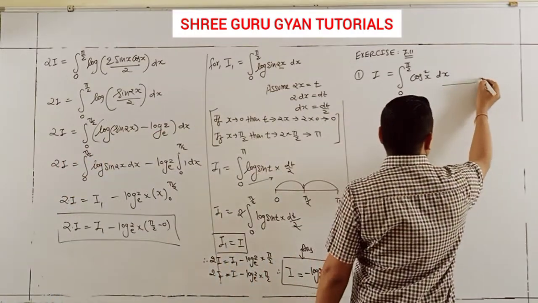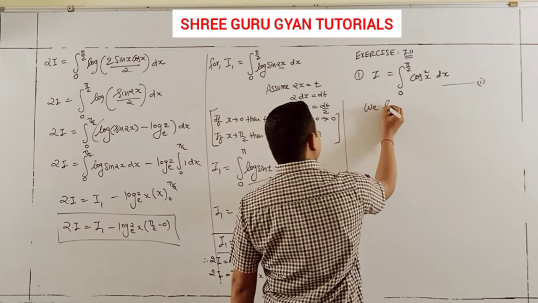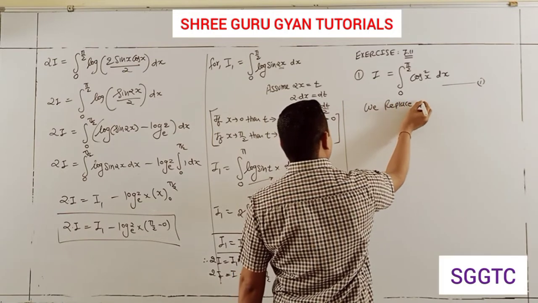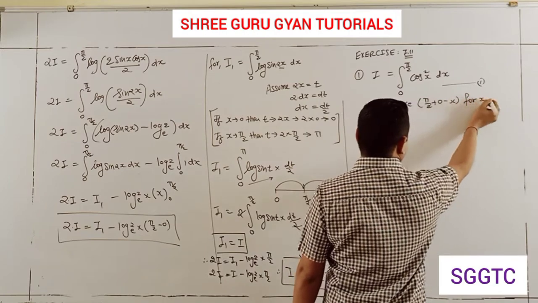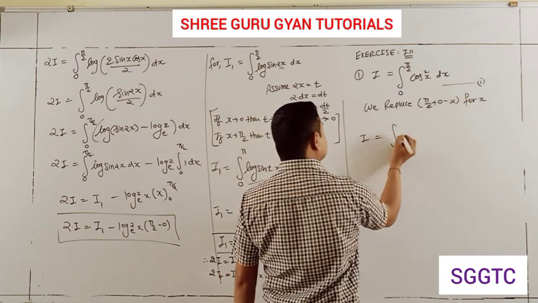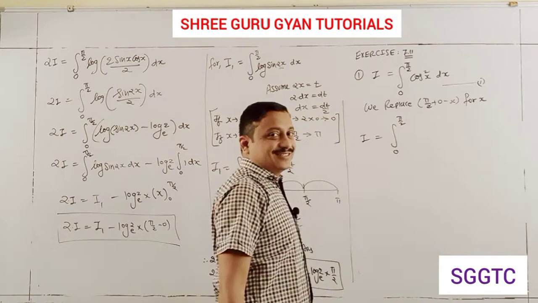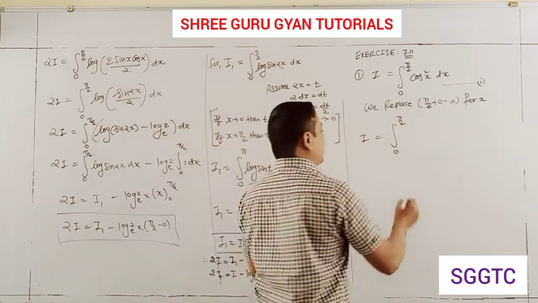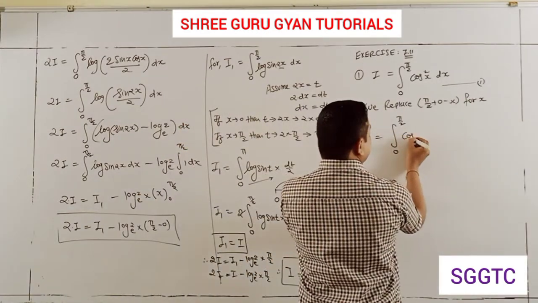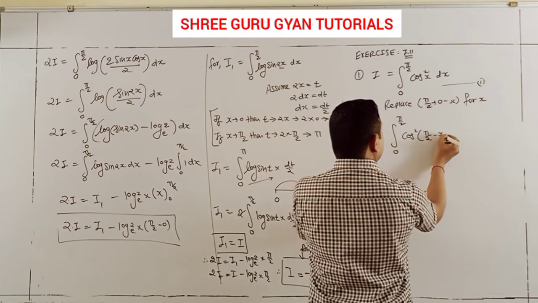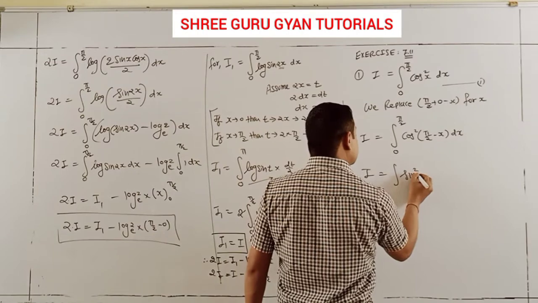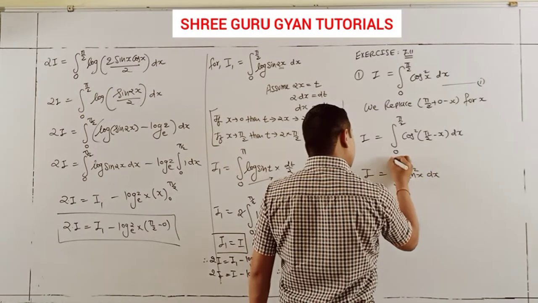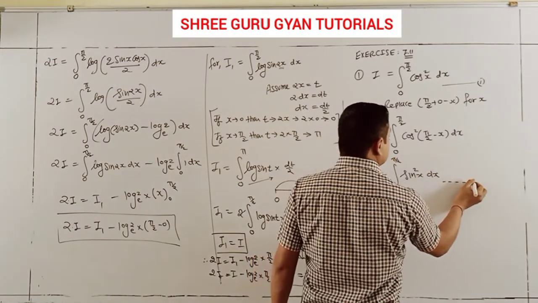I am going to replace: we replace x by upper limit plus lower limit minus x. So you get only 90 minus x. So cos square of 90 minus x dx. It is sin square x, but 0 to 90. Statement 2.